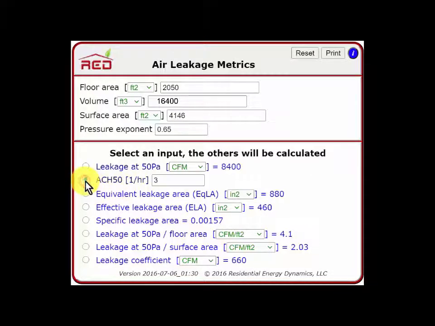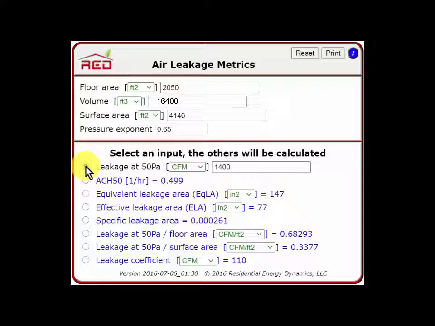You click the radio button for the metric that you wish to enter, and it gives you corresponding leakage values for all of the other ones. Quite an amazing tool.